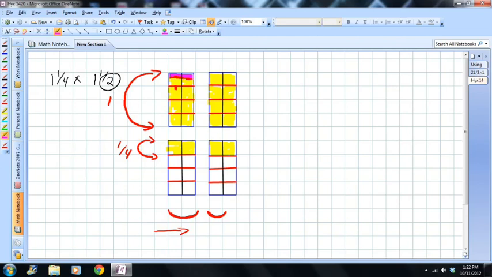Now okay. There we go. So we're filling in this entire column all the way down.